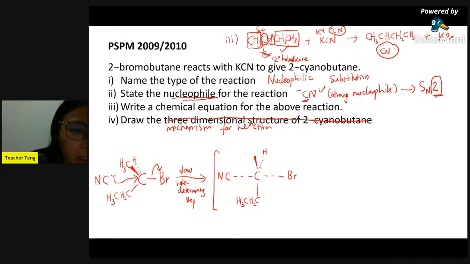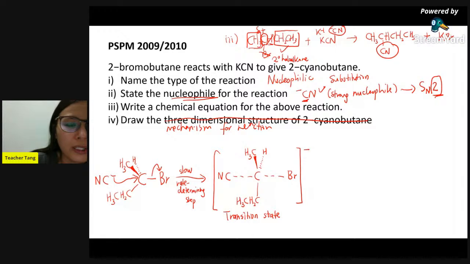So the H, CH3. You either draw the double dagger sign or you can write this is the transition state. And the charge is negative, negative 1.